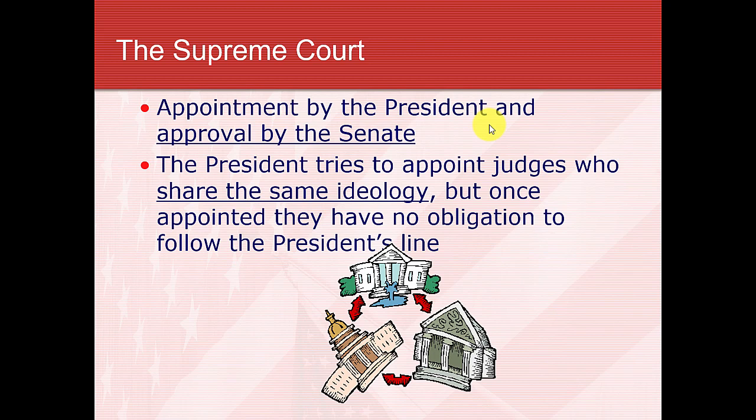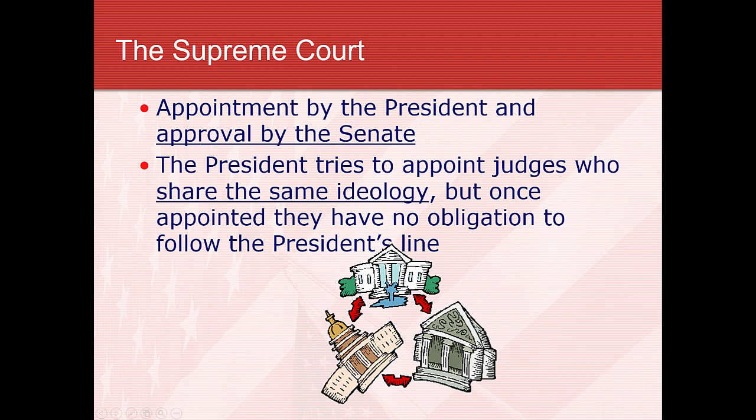And then the U.S. Senate has to vote in favor of that person to be on the Supreme Court. So the president usually tries to appoint people to the Supreme Court who share the same ideology or beliefs. Like President Barack Obama, who's a Democrat, he's put 2 justices on that have similar beliefs in the law as he does.